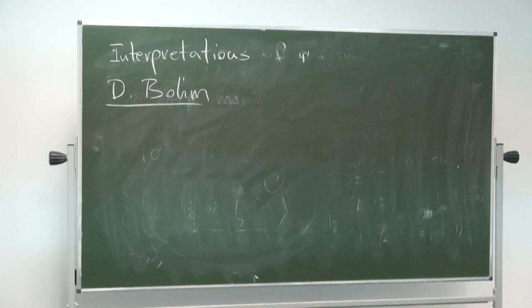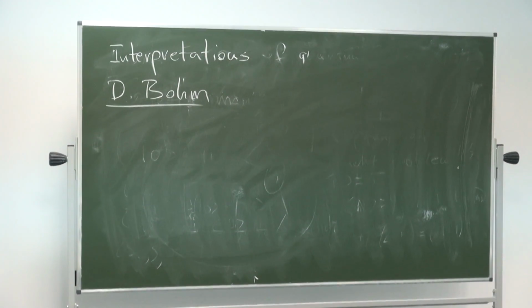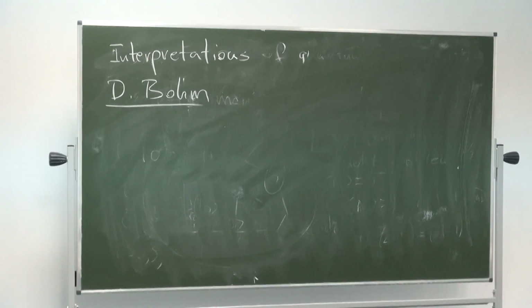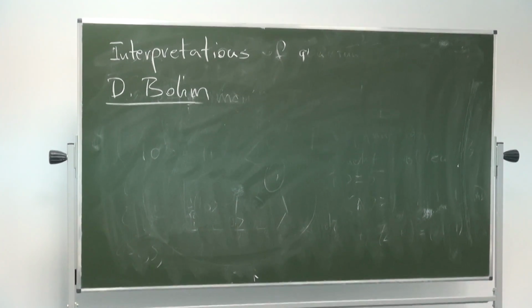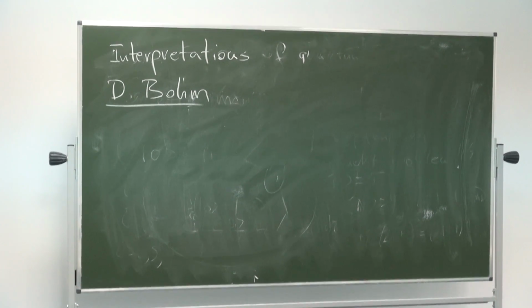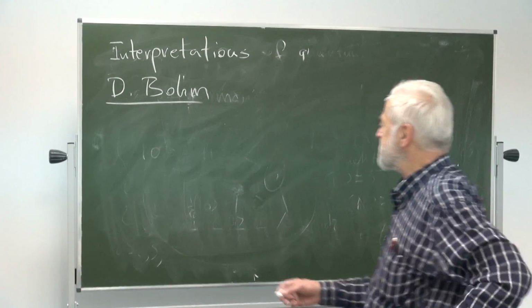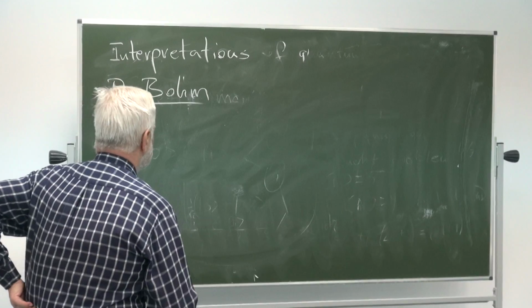Shut up and calculate. So that's what most teachers are, basically. Even if they don't say this, they try to sweep these questions under the rug and, without expressing it so clearly, they say, shut up and calculate. Okay, so what is the Bohmian interpretation?